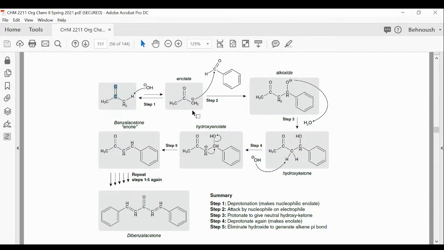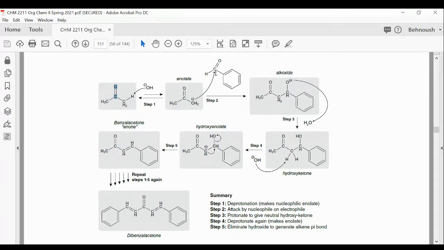Enolate ion is just like a Grignard reaction. Remember when you have a Grignard, RMgX, the carbon attached to magnesium is negatively charged, and that's why the Grignard acts as a strong nucleophile and can attack a carbonyl group. The same thing here: when the enolate forms, it is going to attack the carbonyl group.